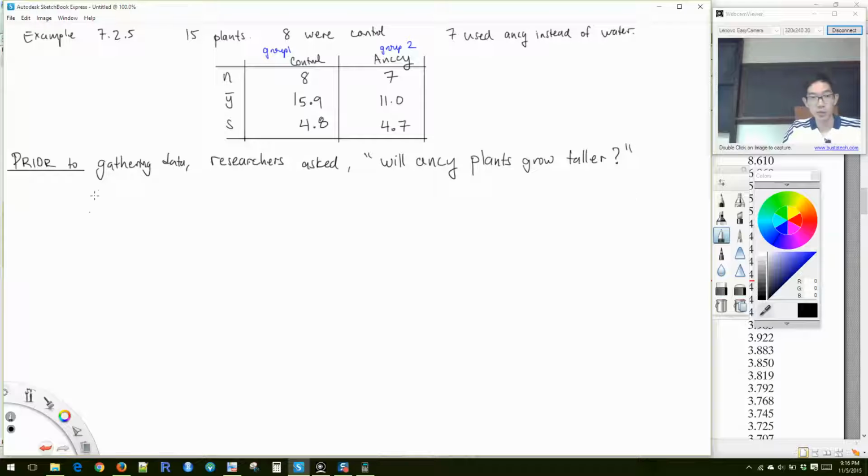In our case, our null hypothesis is still exactly the same, mu1 minus mu2 equal to 0, and our alternative this time would be what? Mu1 minus mu2 less than 0. Our test statistic ends up being exactly the same, 1.994. Degrees of freedom still 13. We draw our picture.